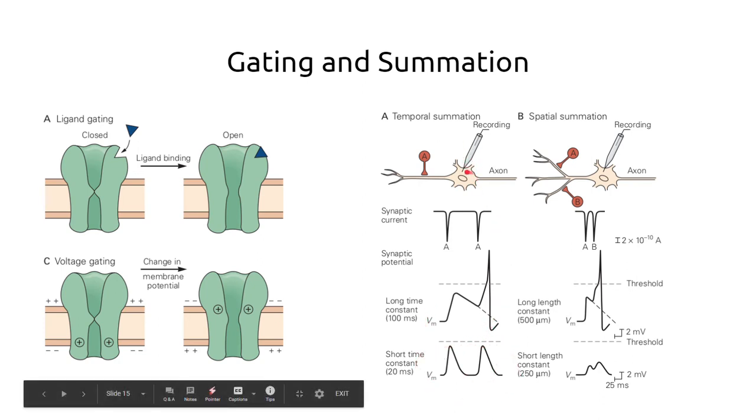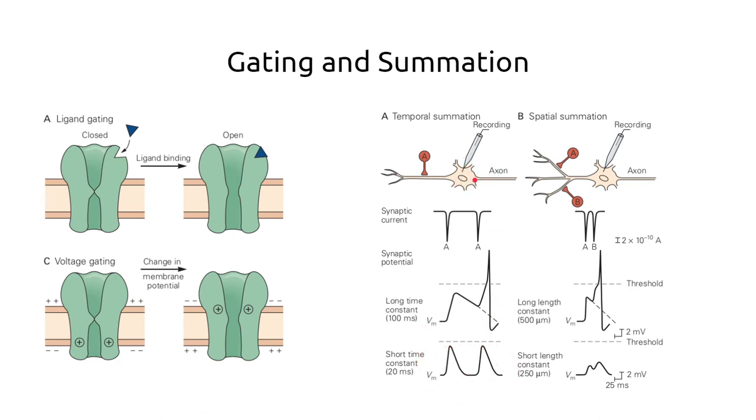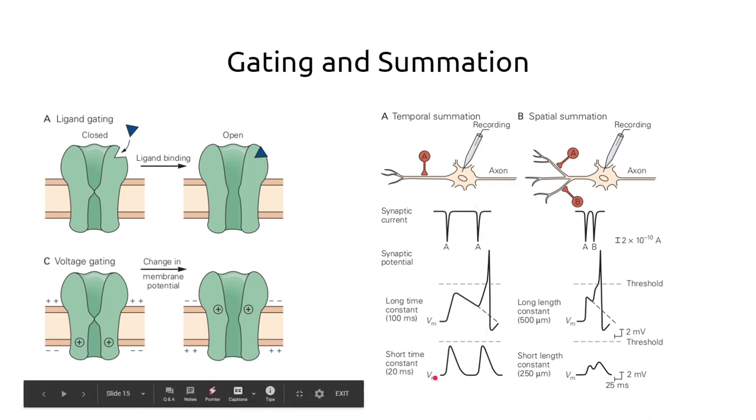What I'm measuring is the voltage at the cell body, at the beginning of this axon. If I just pulse it once, then the voltage comes up, and then it goes back down to its resting voltage where it was before. So I just gave it a little bit of input current. It put things out of whack a little bit, but then it went back to its normal resting potential.